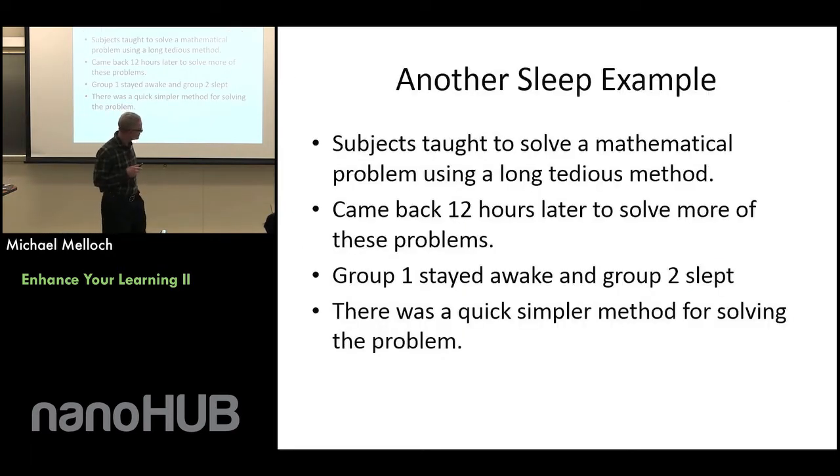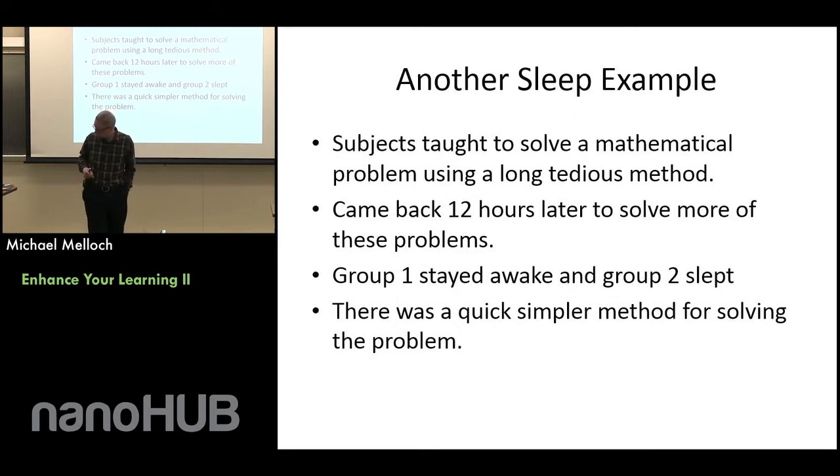Okay, so here's another example. These subjects were taught how to solve a mathematical problem using a very long, tedious method. What they didn't tell them was there was a very simple way to do it. So group 1 studied in the morning and stayed awake, and group 2 studied in the evening and slept.